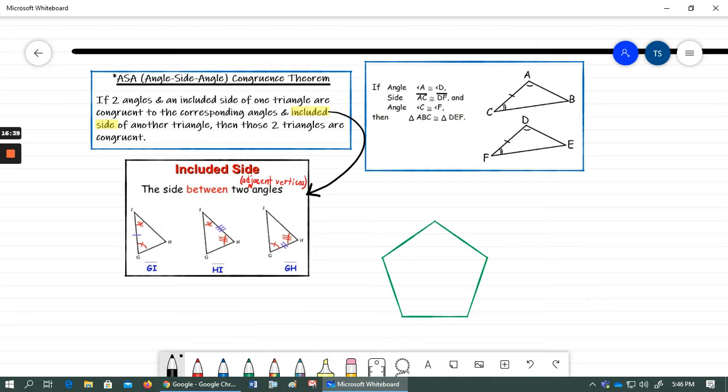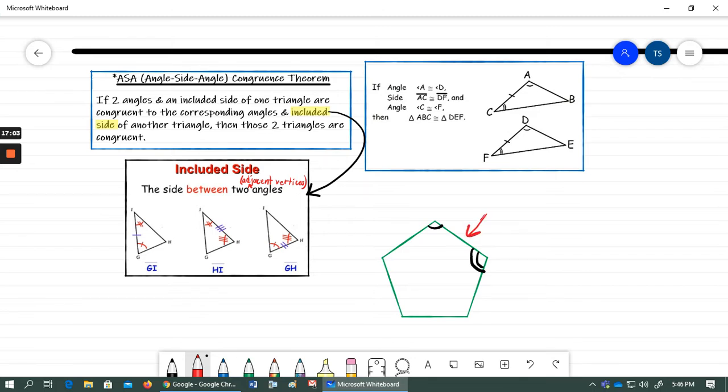I think you'll be able to see what I'm talking about now. If we had two adjacent vertices like these two, clearly there's only one side that is in between those two adjacent vertices. Only one side that's in between them.